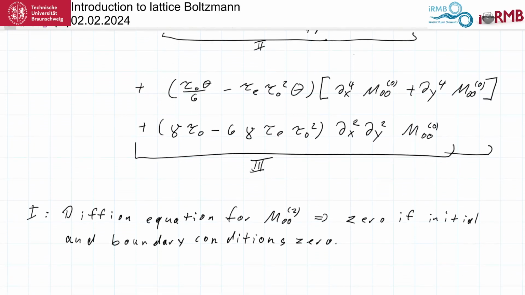Unless it has source terms, and the problem is it has source terms. So 2 plus 3 together are the source terms in this equation. And they depend on the solution of the original problem, and the solution of the original problem is of course not 0, otherwise we wouldn't try to solve it.